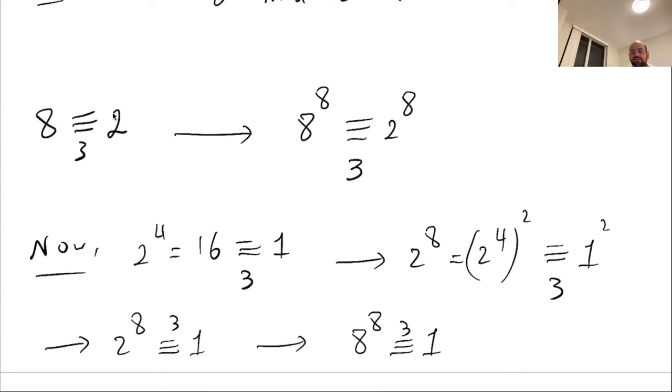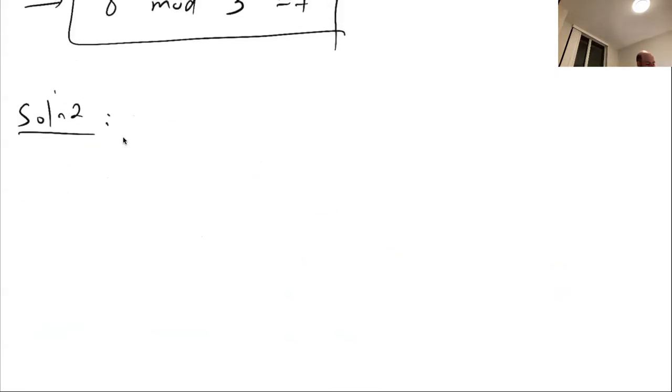Remember, this congruence is not unique, a number can be congruent to infinitely many numbers. So 2 is one of them, and they don't have to be positive either. The number which has to be positive is the divisor, but these numbers here are allowed to be positive or negative. So for solution 2, note that 8 is congruent to -1 mod 3.